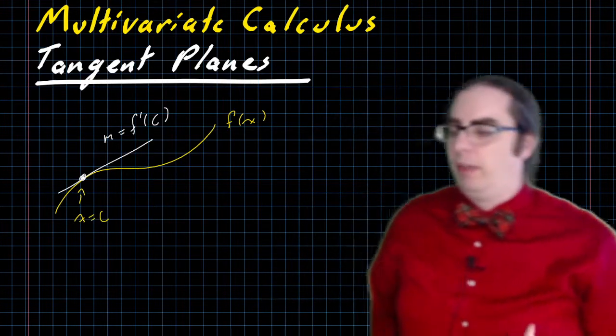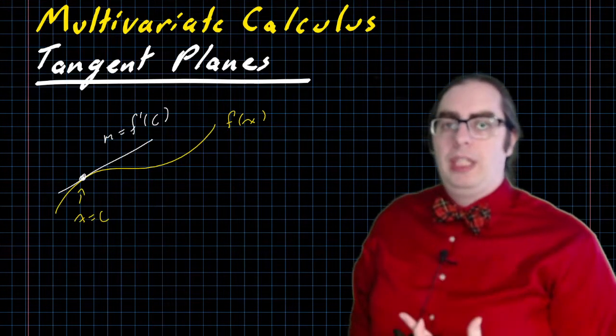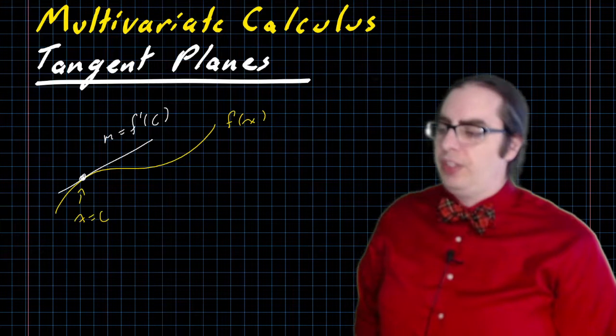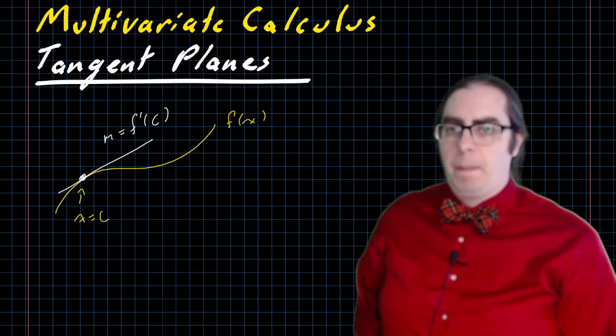So if we have our curve f of x, our point x equals c, we can set up our tangent line with a slope f prime of c.